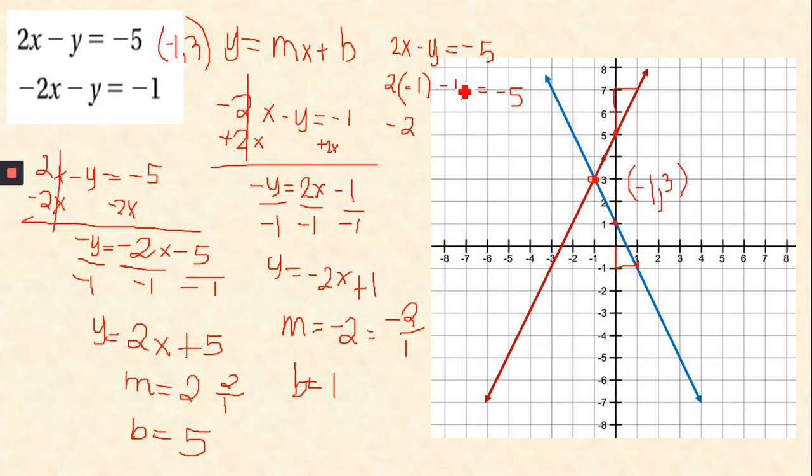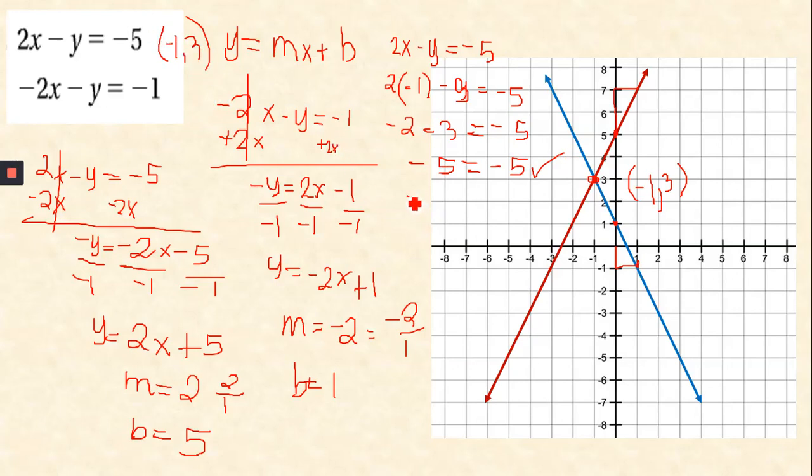I'm sorry, your y should be 3. Minus 3 equals negative 5. Negative 2 minus 3, that is negative 5, is equal to negative 5. Is this statement true? Yes. Meaning to say, negative 1 and 3 is the solution of the first equation.